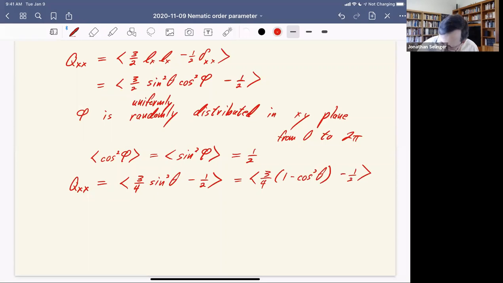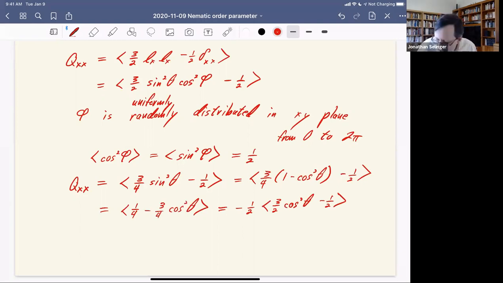So this comes out to be the average of 1/4 minus 3/4 cosine squared theta. This is just negative a half times the average of 3/2 cosine squared theta minus a half. That's the same thing we had before, so it's negative a half of S.